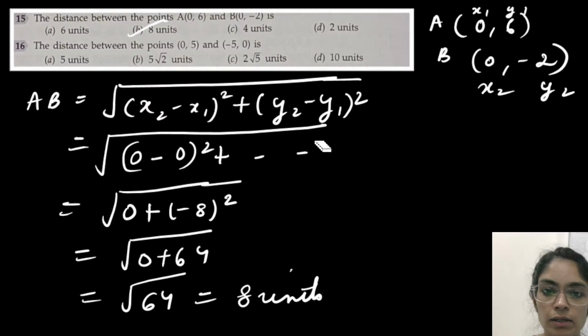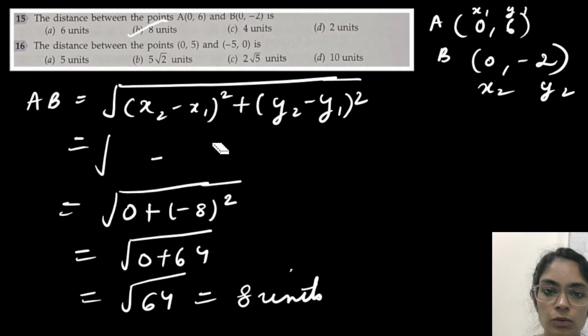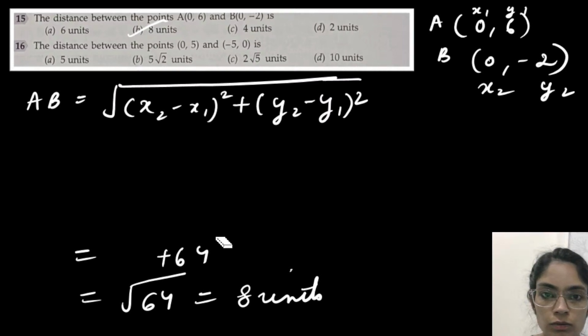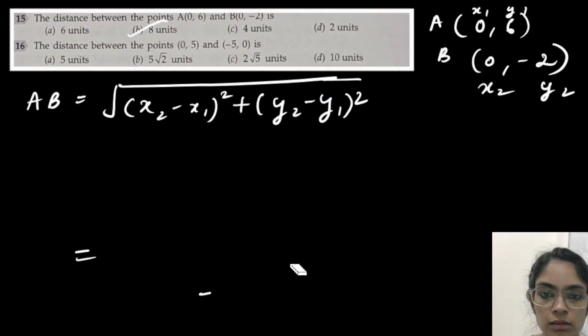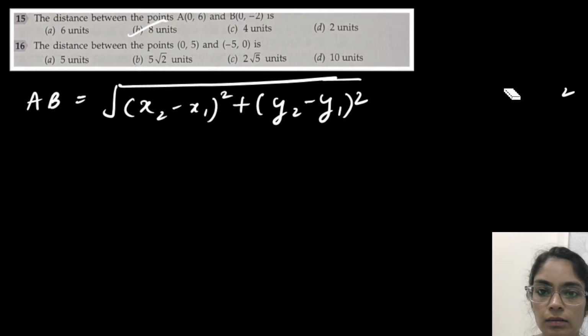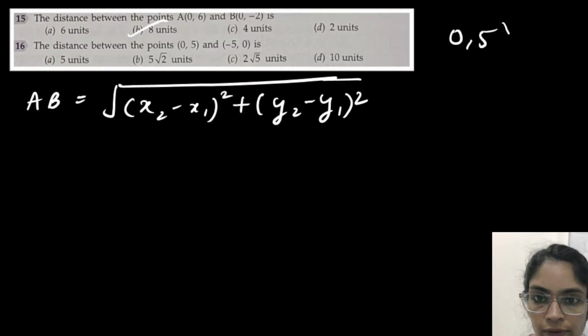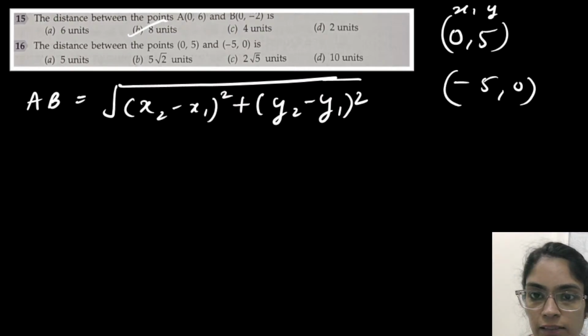So next one also we have to find the distance using the distance formula. Distance of 2 points. Points are given to us: (0, 5) and (-5, 0). I am considering the first one as x1, y1 and the second one as x2, y2.